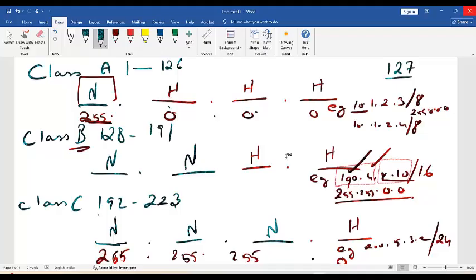When you don't know the ranges, you will be confused when you do subnetting, or when someone talks about a subnetted network. You should know this number range. Class A, 1 to 126. B, 128 to 191. C, 192 to 223. How they derived this range, there is a big story behind that, but it's not so important. So better remember this range.